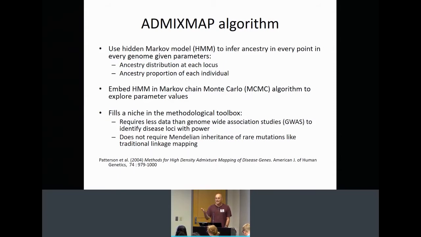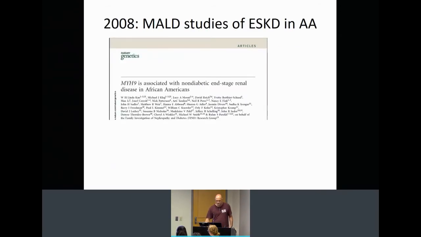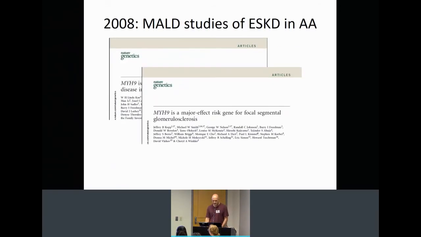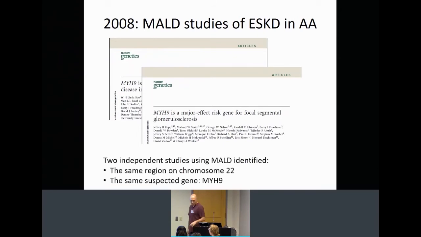And this end-stage kidney disease difference between European Americans and African Americans was really a good candidate for this kind of study. So people went and did this study. And in 2008, in Nature Genetics, 2 independent studies, supposedly independent, I mean, they were using different data for sure, but they reached exactly the same conclusion.